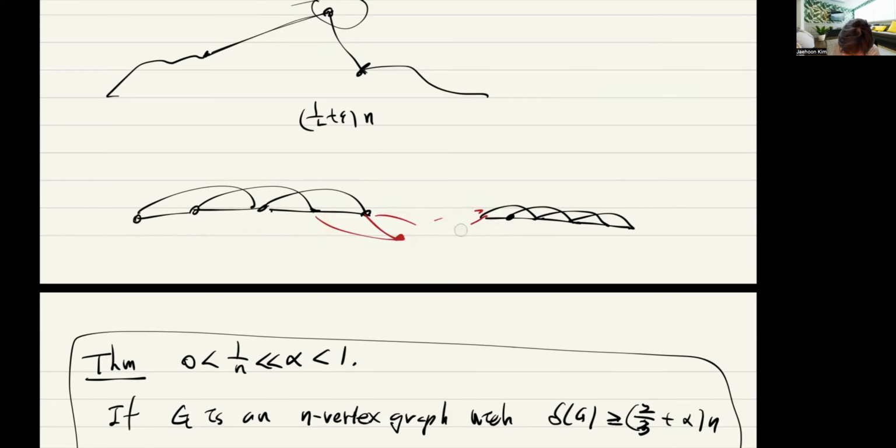If you just use the minimum degree in a naive way, what you know from your condition is that every 3 of them have a common neighbor. So these 2, you can find the common neighbor, and then these 2, you can also find the common neighbor. But you have to find the common neighbor of these 2, and in order to ensure these 3 edges, you need one vertex.